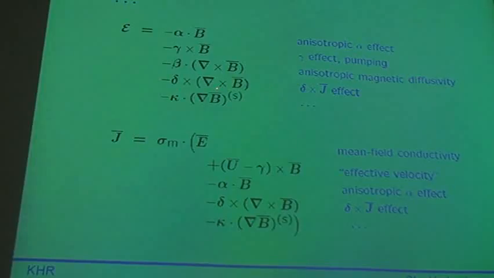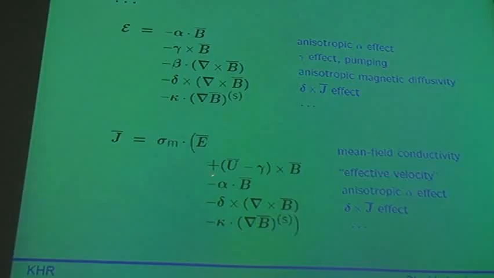You have the delta cross curl B. Let's call it delta cross J effect, in particular omega cross J effect, which I explained to you. But I'm here a bit more general. And you have a remaining part which I don't want to discuss so much with the symmetric part of the gradient tensor. In Ohm's law, you have again mean field conductivity, which is anisotropic.